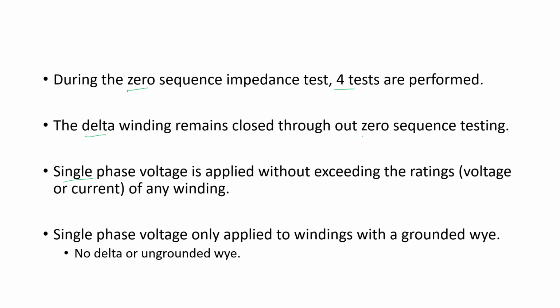So it's important to check and make sure that while applying single phase voltage, it does not exceed the ratings of any of the windings, which would probably cause heating of the tank and other issues. So that's important. Single phase voltage is only applied to windings with a grounded Y. If it's a delta, you cannot apply the single phase voltage, or ungrounded Y. So you have to have a neutral that's grounded.